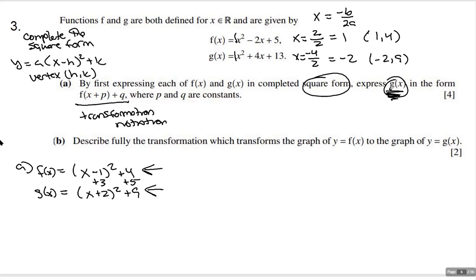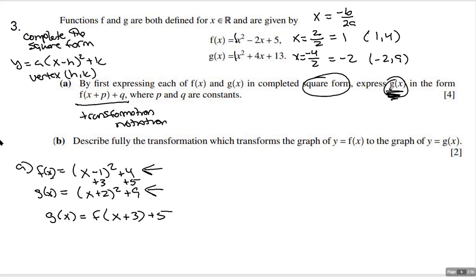So if I want to write this in this form, g of x is equal to f of x plus 3, because that's what I did to this function. I added 3 to the x's, and then plus 5 at the end. That's the answer to part A.